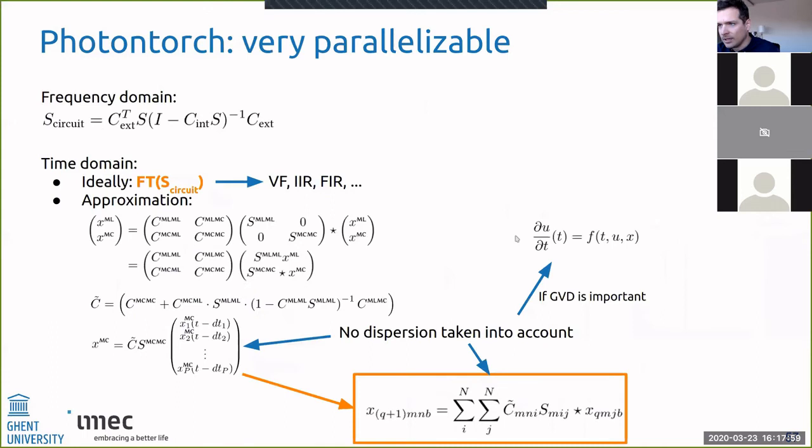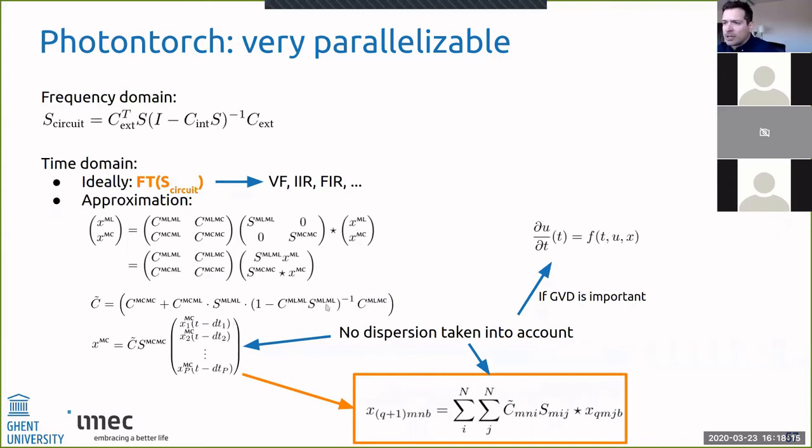The S matrix of the circuit is applied every time step to the fields going through the circuit. So this resembles a weight matrix, which is applied over and over every time step, like in recurrent neural networks.